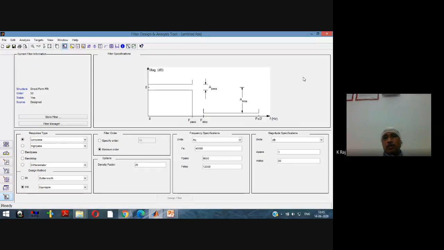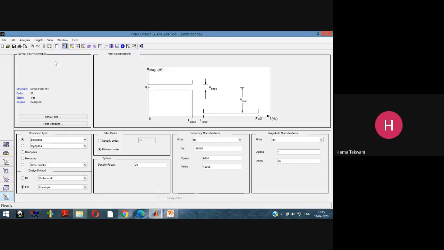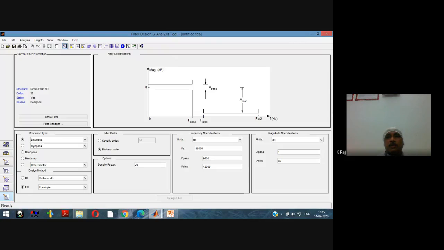So in order to design any filter, whether low pass, high pass, or band stop, belonging to the FIR category or the IIR category, first of all we have to derive the pass band edge frequency and stop band edge frequency. See here, this is a dialog box that has been opened to interact with the user for the design of the filter.